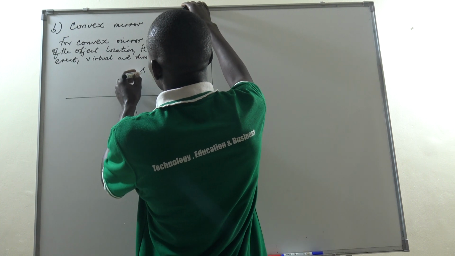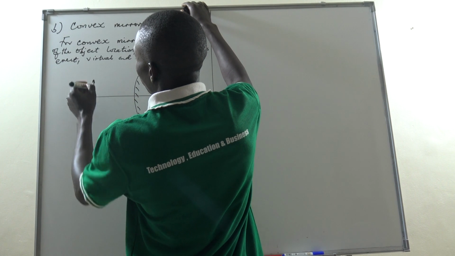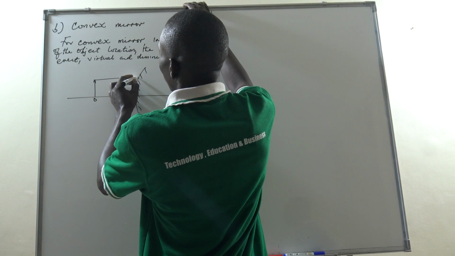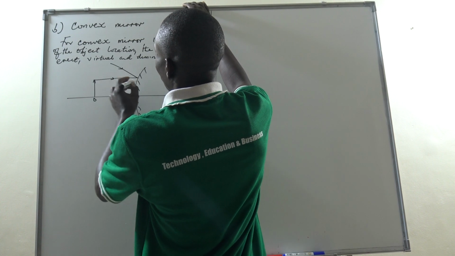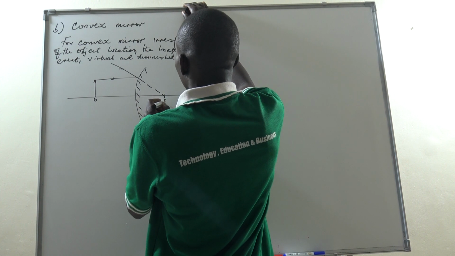If I have this as my convex mirror and I happen to place my object here, light rays will come reflected. If it is parallel, it will appear to be coming from what we are calling the focal point.